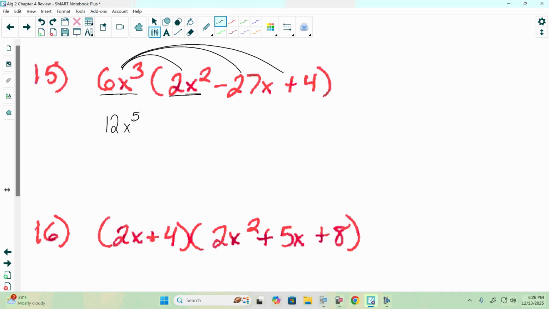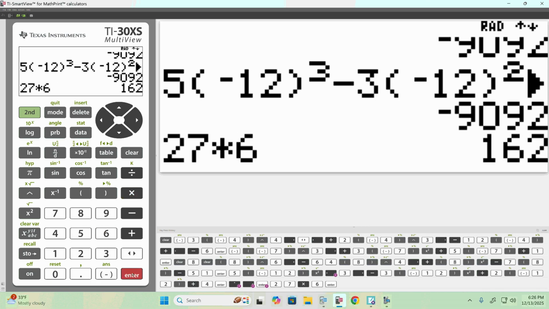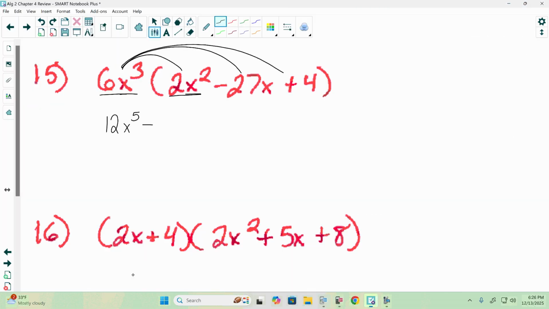6x cubed times negative 27x. Well, positive times a negative is going to be a negative. Now, at this point here, I'm just going to grab the calculator, say 27 times 6. 162. So 6 times negative 27 is going to be negative 162. X cubed times our x. 3 plus 1 is 4, telling us it's x to the fourth.